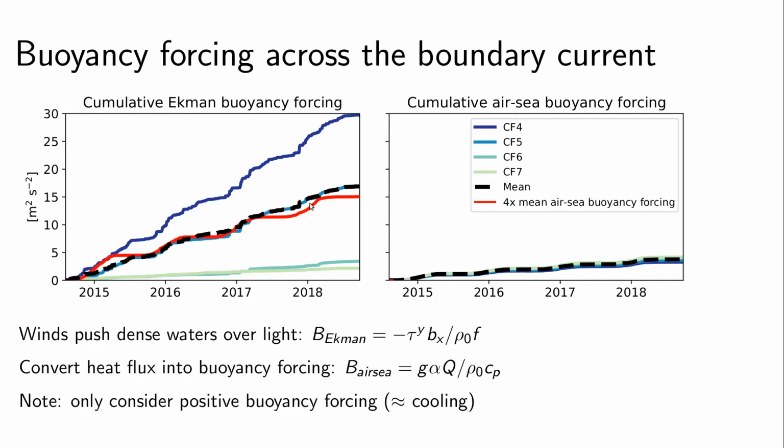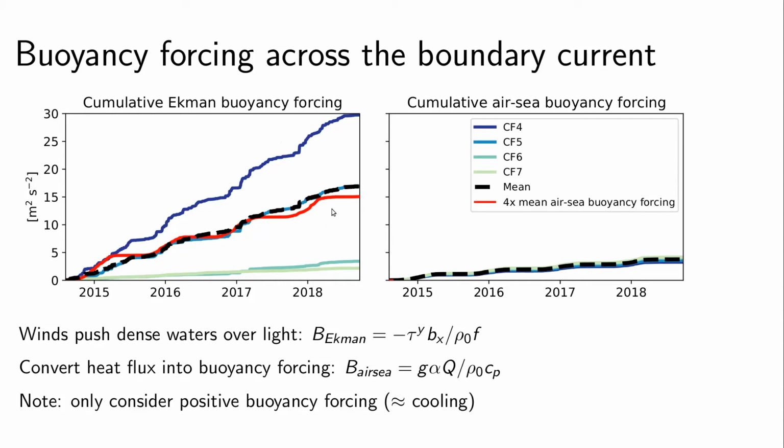So right away, you can see that this panel for the cumulative Ekman buoyancy forcing, these lines are much larger than the air-sea buoyancy forcing. You can also see that there's a large gradient across the boundary current. So this dark blue is CF4, which is most onshore, and then these really light colors are CF6 and 7, which are further offshore.